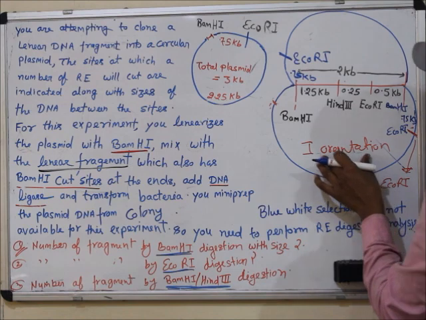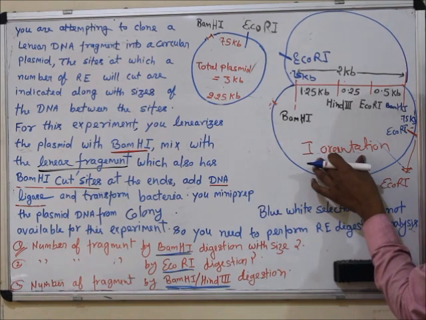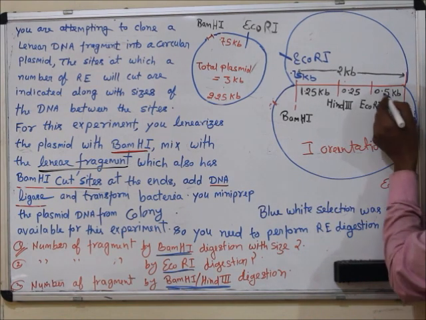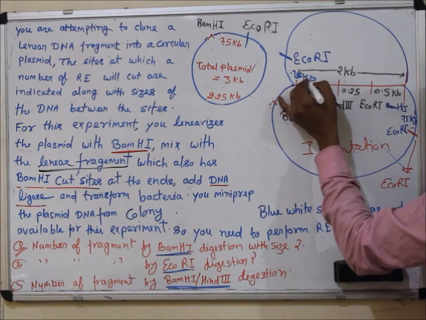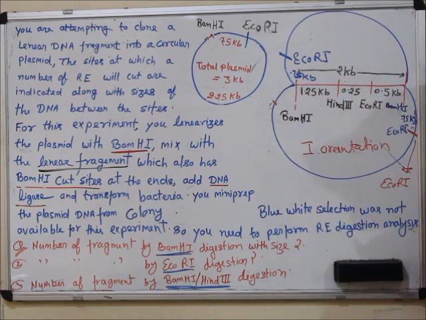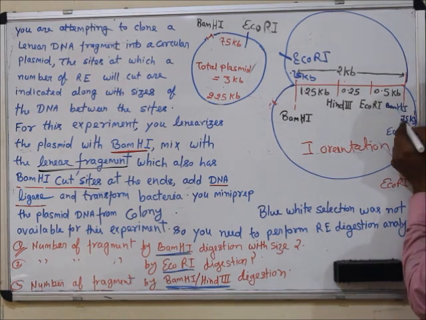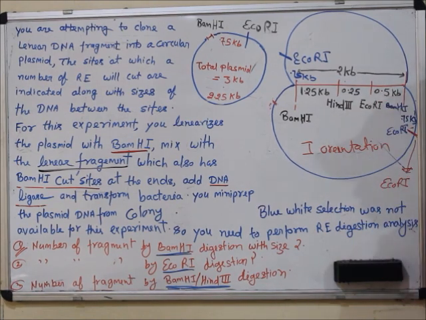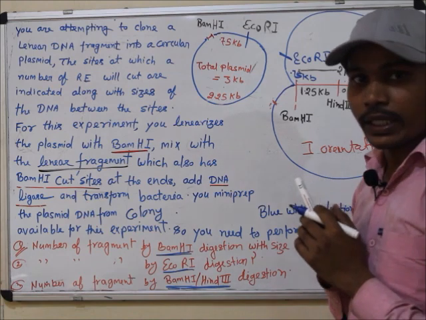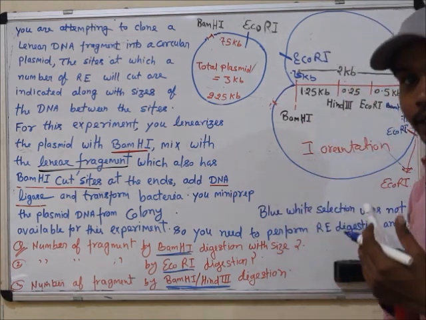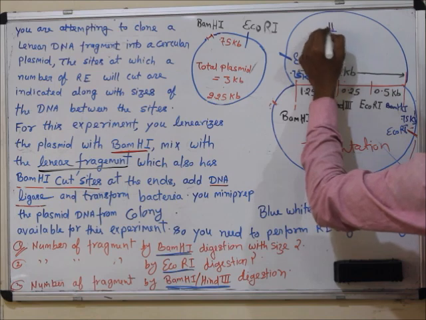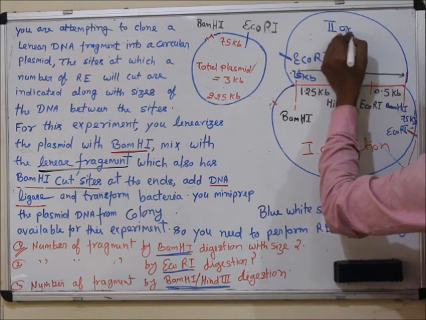But in this first orientation, 0.75 kb, 0.5 kb, 0.75 kb, 1.25 kb from this orientation. Okay, and from these orientations 0.75 kb and 0.5 kb. Okay, are you getting it? The orientation is changed. This is the second orientation of transformation.